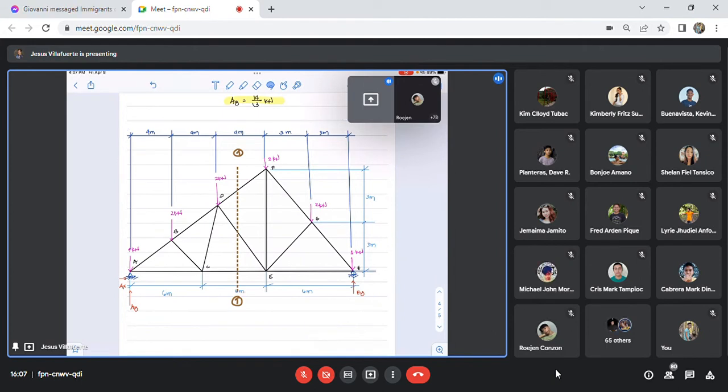So which section ang atong gamiton? The left or the right? So these are the joints para natin reference.